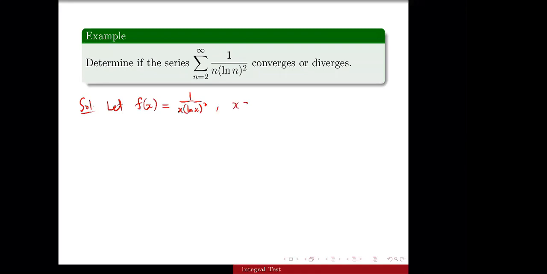And in here, we start from 2, because if x equals 1, ln of 1 is 0, so you will have denominator 0. So you should start from 2. So take note of that.